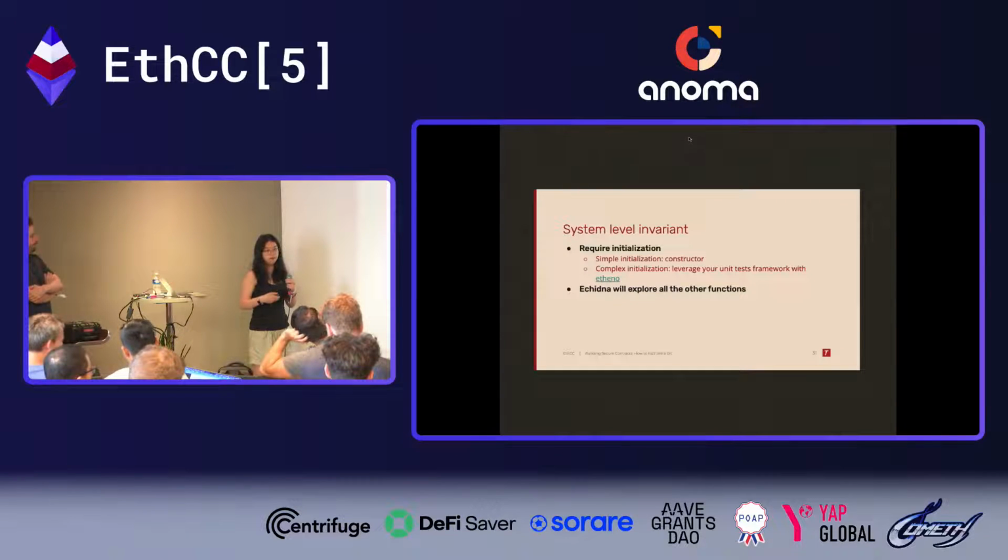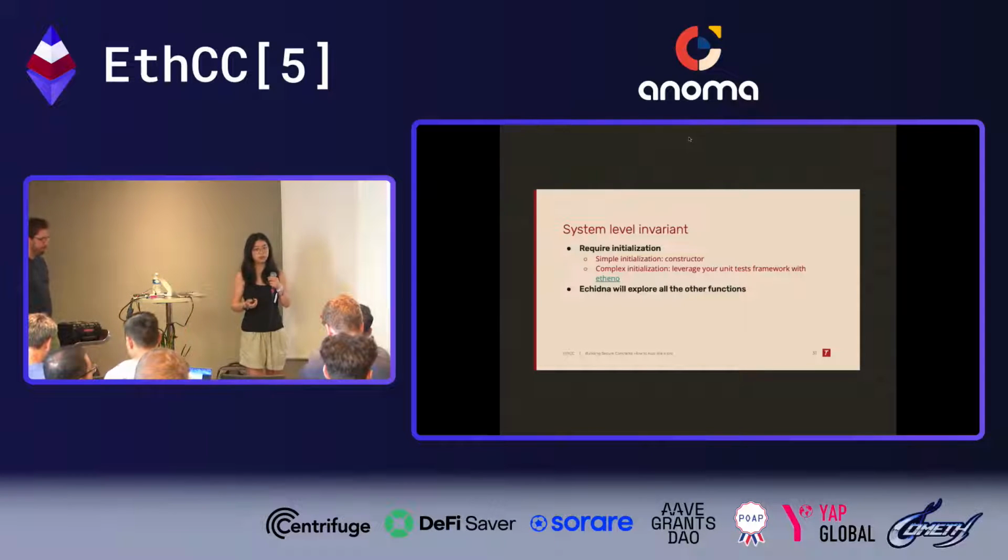This would mean that any time you're iterating over your code, you can run the contract and deploy the new version within your constructor. And Echidna will explore all of your publicly available functions and determine whether there are variations of functions that it can call in order to break the invariance that you've set.